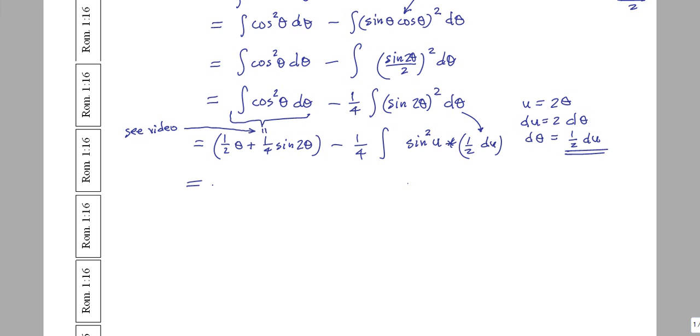So we're almost there. So you can see what's happening here. Well, we get a half of theta plus a quarter of sine of 2 theta minus a quarter of, a half times a quarter will give us an eighth, right? Let's bring the eighth out here. And then you get the integral of sine squared u du. Well, lo and behold, we can see the video on that one.